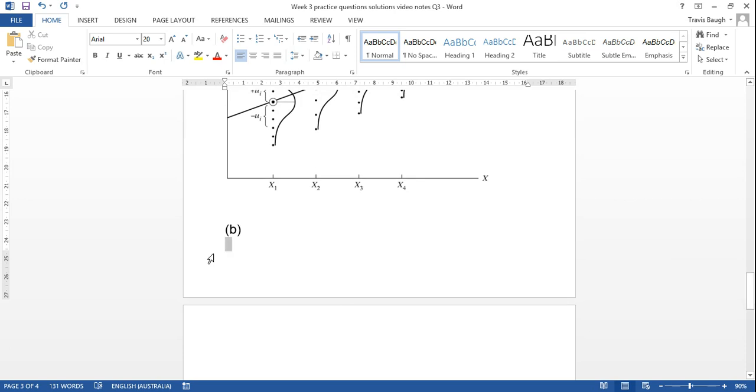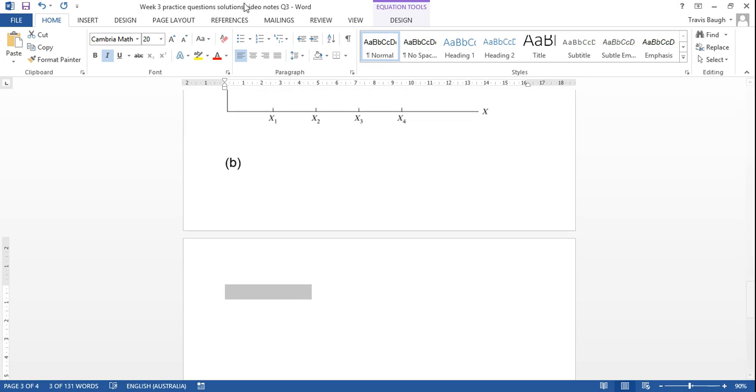Well, here is the answer to that. So this is ui, a random variable, is distributed as the normal distribution with mean of 0 and variance of 100. That variance is just the standard deviation of 10 squared.